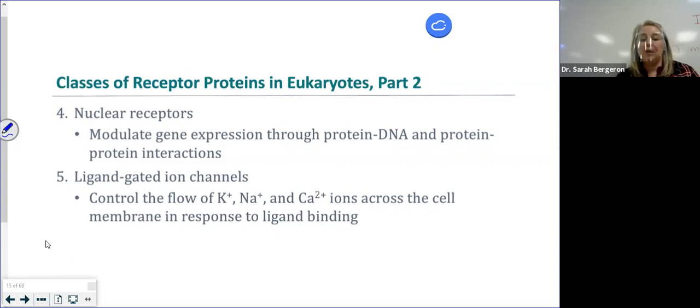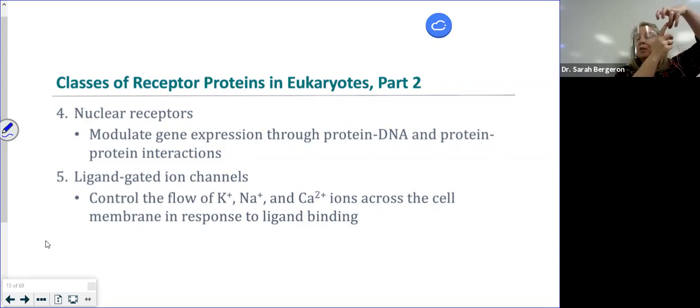And then the last one is ligand-gated ion channels. Ligand-gated ion channels are really cool because they're the primary way that synapses work, right? So if you're talking about a nerve cell, at the end of the nerve cell, we call that the axon terminal.